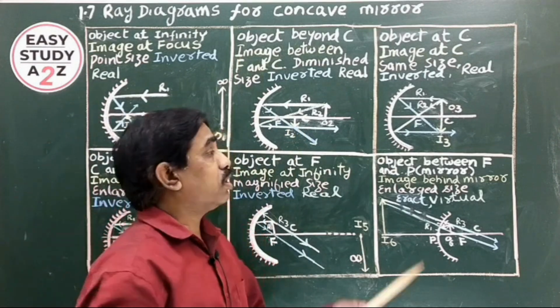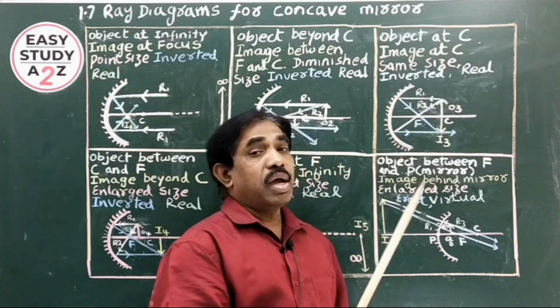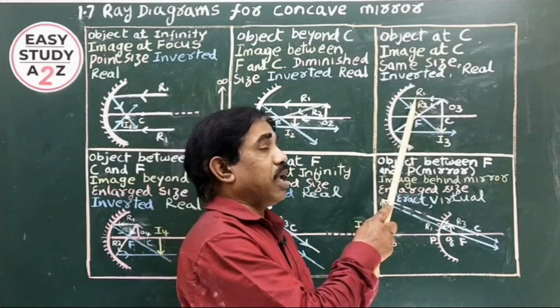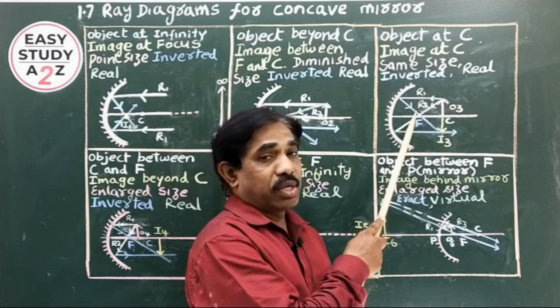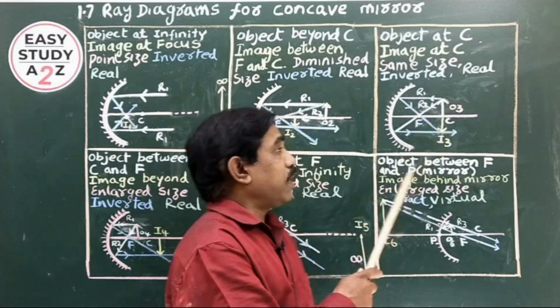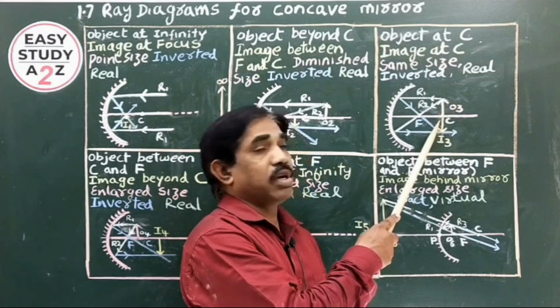Now coming to the third ray diagram, here also rule 1 and rule 2 are followed. That means ray 1 and ray 2, both types of rays, are used in this ray diagram. See here, the object is kept at the center of the curvature.